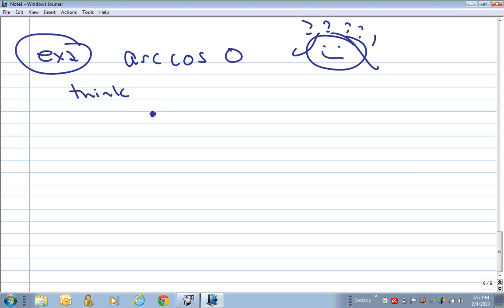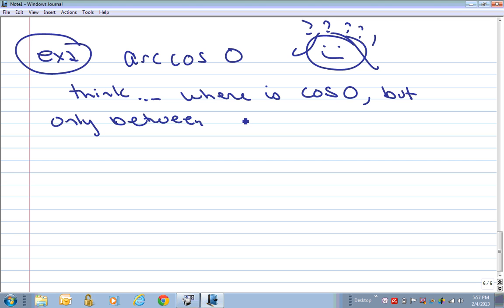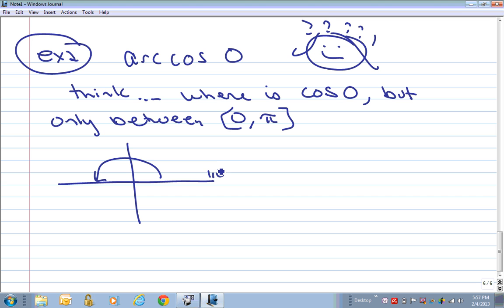She's thinking, where is cosine 0, but only between 0 and pi. So you're thinking of this around here. Again we have 1, 0, 0, 1, negative 1, 0.